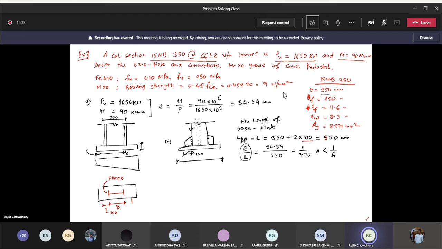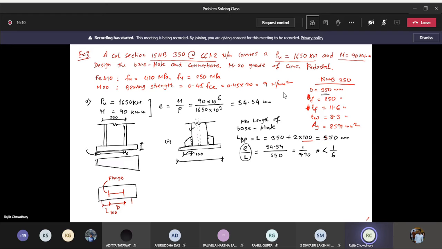If it is less than 1 by 6, all of you have already done RCC column design, if I assume correctly. If the e by L ratio, where L means on this particular face, that is, the ratio of the eccentricity with respect to the plane dimension, lies less than 1/6, then what would happen?